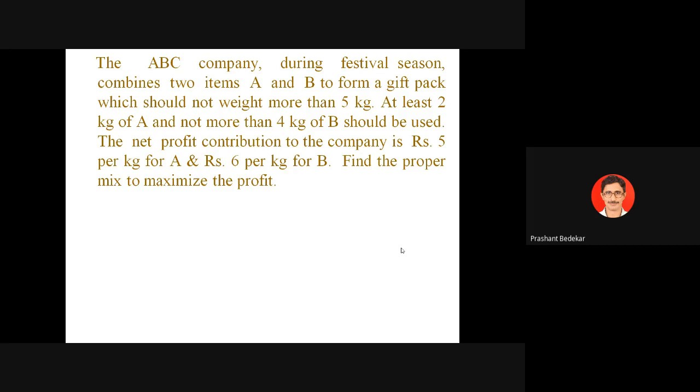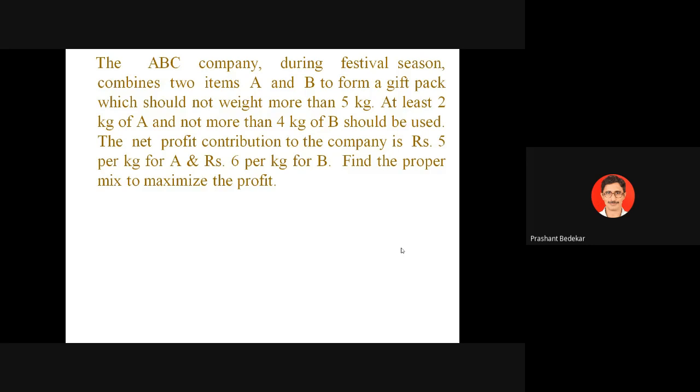Then the net profit contribution to the company is rupees 5 per kg of item A and rupees 6 per kg of item B. Find the proper mix to maximize the profit. We will not think here about how the company will earn profit by giving a gift packet. It is indirect profit.